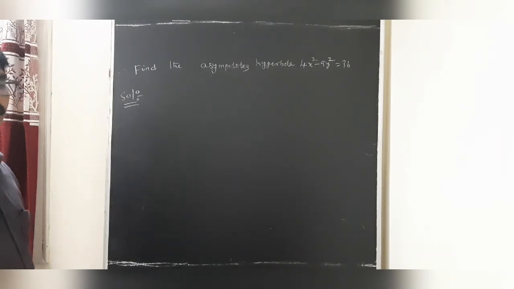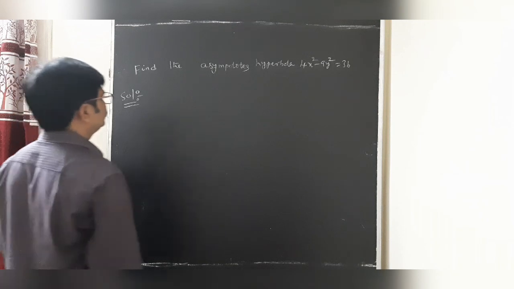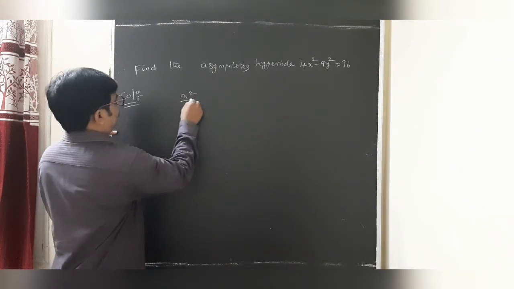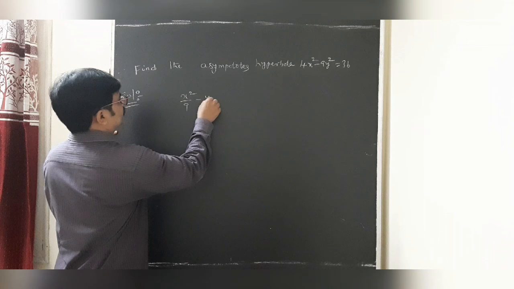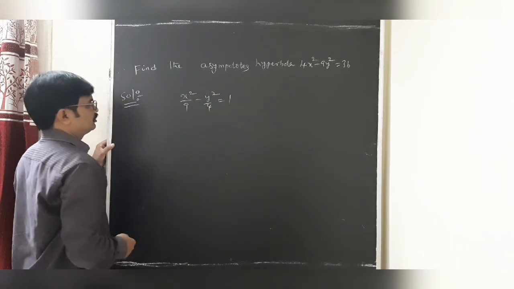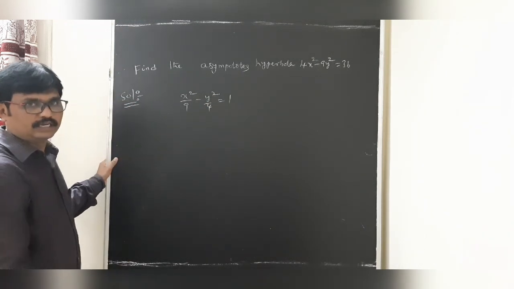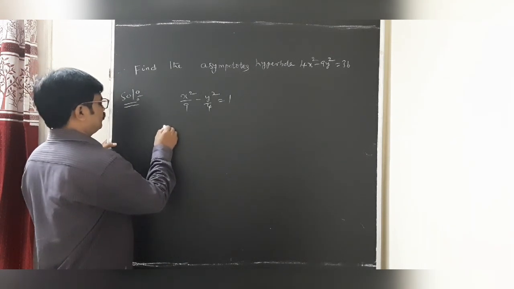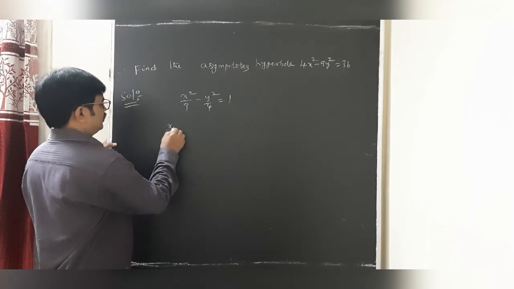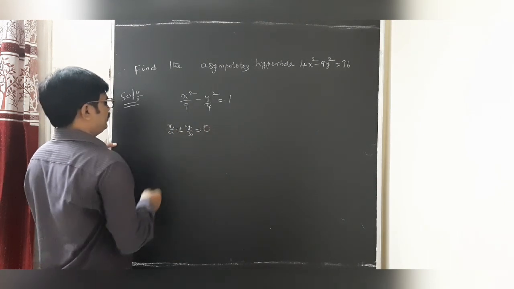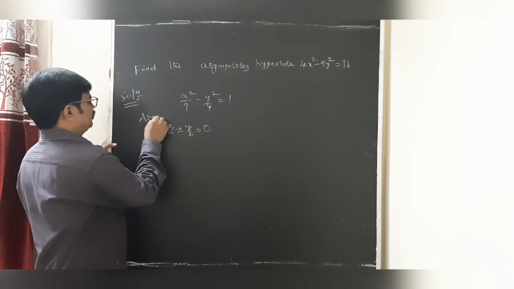Dear students, find the asymptotes of the hyperbola x square by 9 minus y square by 4 equal to 1. We know that the equations of the asymptotes are x by a plus or minus y by b equal to 0.